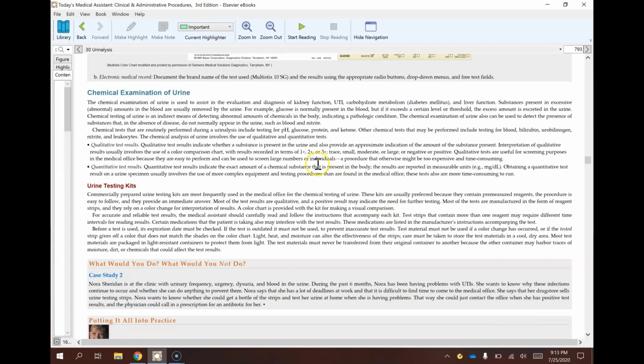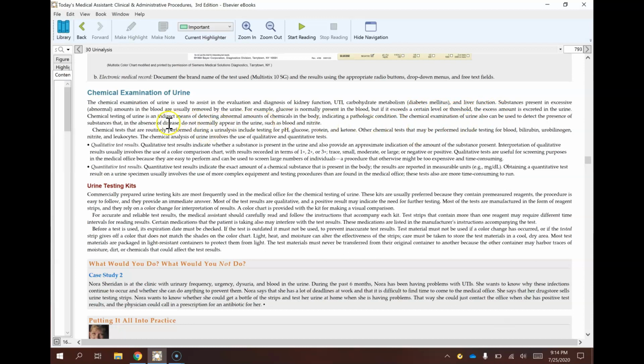Okay, so now that you understand how urine is collected and how it is looked at from the MA's point of view, I want to talk a little bit about chemically looking at urine. So when urine is looked at chemically in the lab, it's to determine whether there is something like a urinary tract infection, a problem with kidney function overall, and liver function.